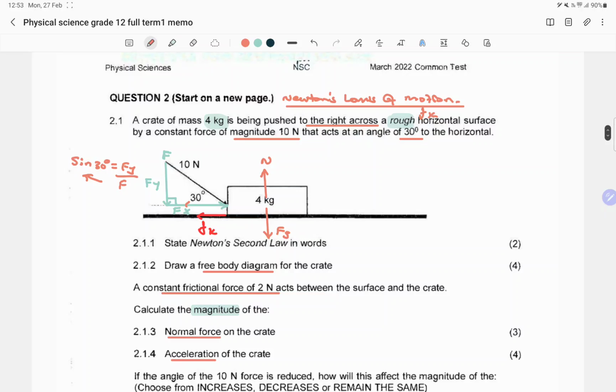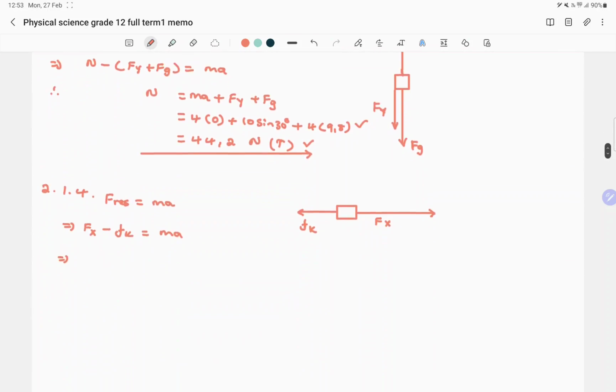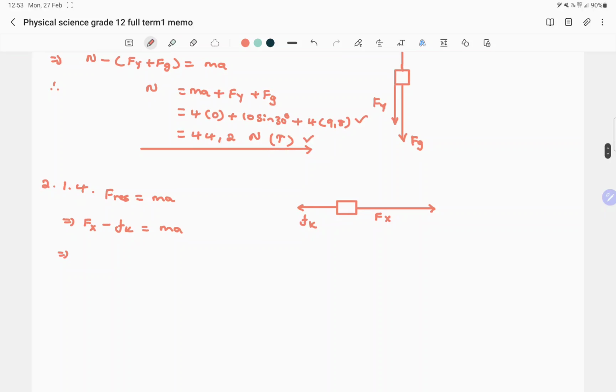Fx is on the adjacent side, isn't it? So if it's on the adjacent, you say cos 30 degrees is going to be Fx divided by applied force. You just cross multiply the force, you define your Fx. Please don't cram it, because certain diagrams are not going to always say cos or sine. You have to look at exactly the position of the force or the component.